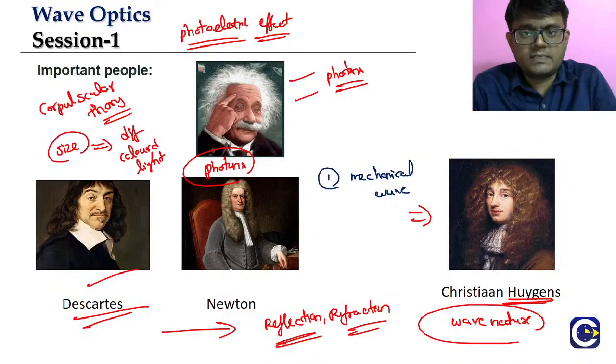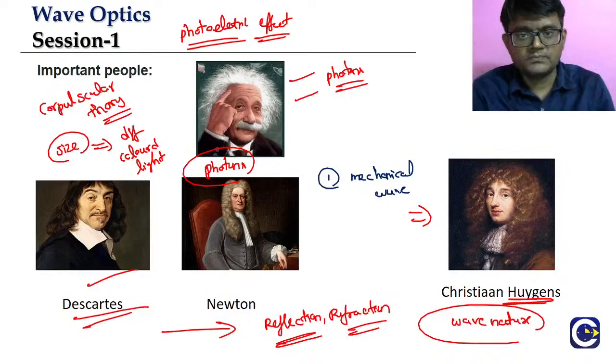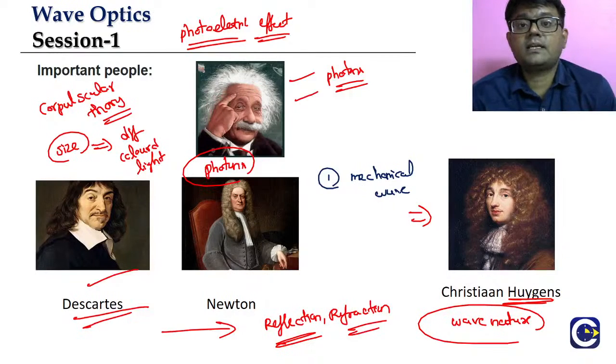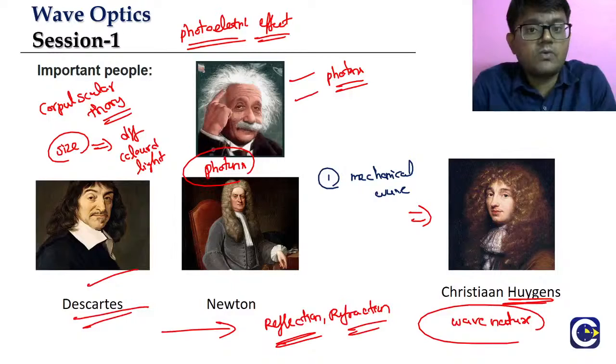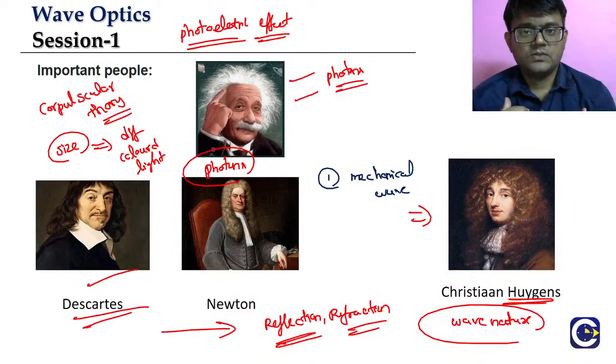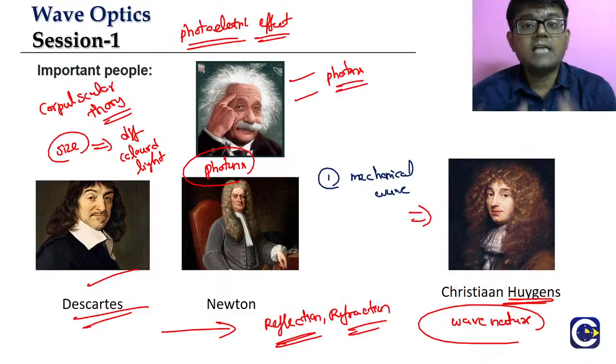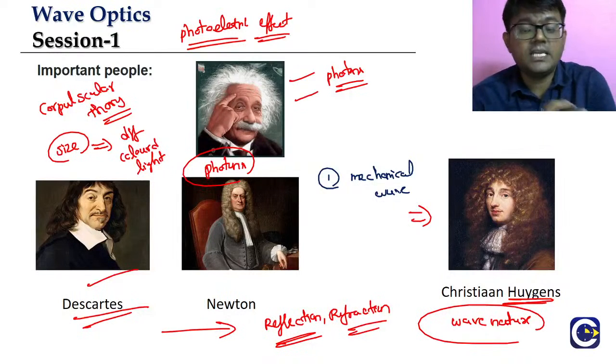Like in the solar system we have the sun, so light will come from the sun to earth, and in between there is a vacuum. So if you are proposing the wave nature for light, how is it that light is able to travel from the sun to the earth? This is one of the fundamental questions that people had. Okay, so that was one of the challenges for people to accept the Huygens theory of light.